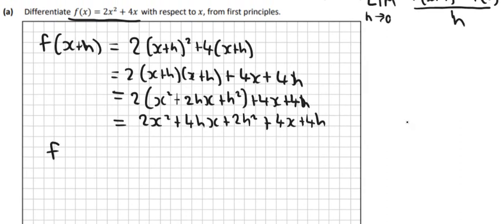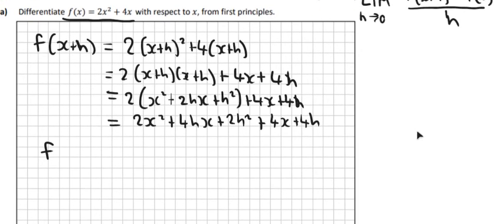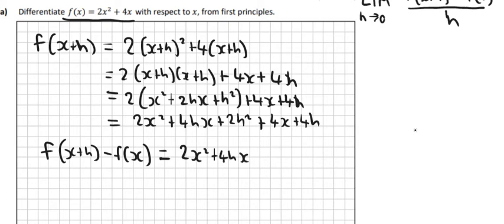Now we know what f of x plus h is, so we're going to go on to the next step and take away f of x from it. So f of x plus h minus f of x will look like 2x squared plus 4hx plus 2h squared plus 4x plus 4h, but then we're going to subtract f of x from it.